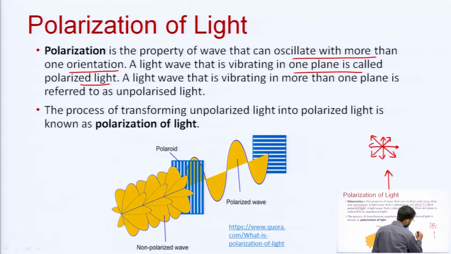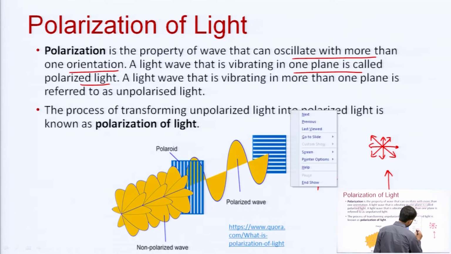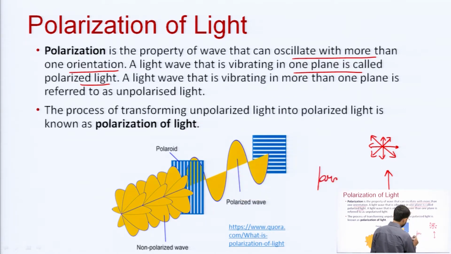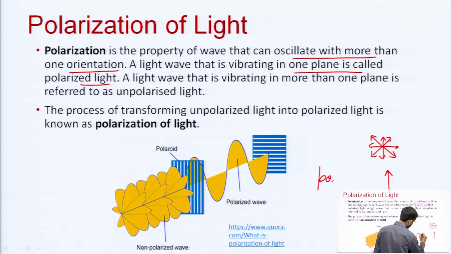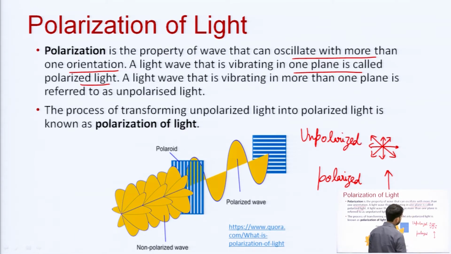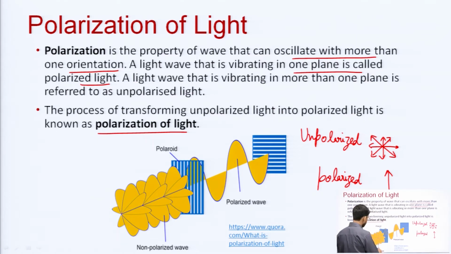So, this is a polarized light ray, and this is unpolarized. The process of transforming unpolarized light into polarized light is called polarization of light. Like over here, it is shown in this diagram.